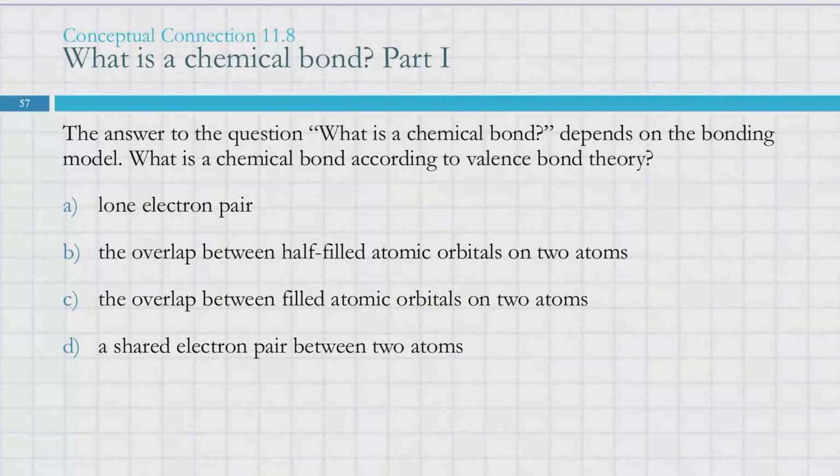It is B, overlap between half-filled atomic orbitals because they can spin pair. And that's how they fill out the bond.